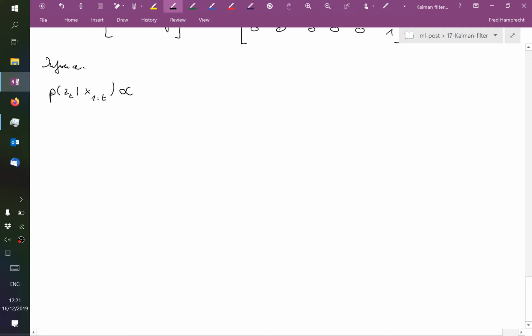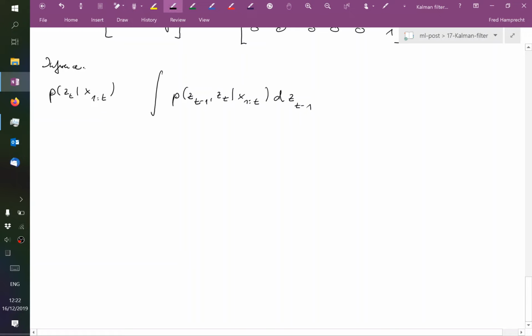So this one, I can obtain by marginalizing out z. So I can write here the joint distribution of z_{t-1} and z_t, still given all these observations. And I can marginalize out this second variable.